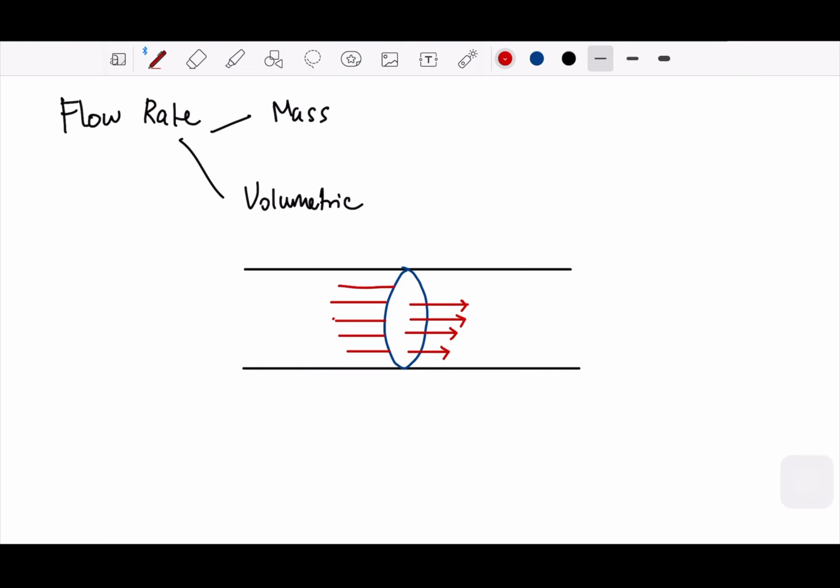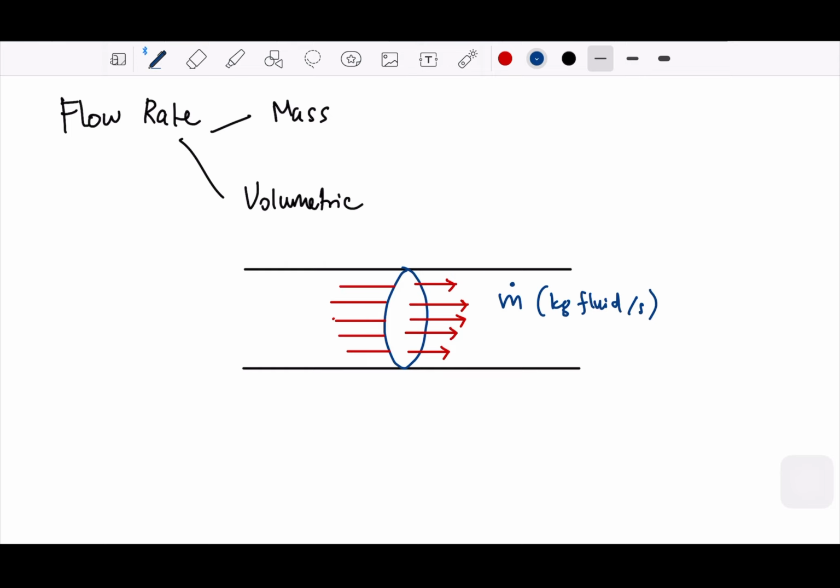Usually it's drawn like this to denote that there is some flow. We can have a mass flow rate, which is like this, the symbol. We call this kilogram fluid per second, or just kilogram per second.